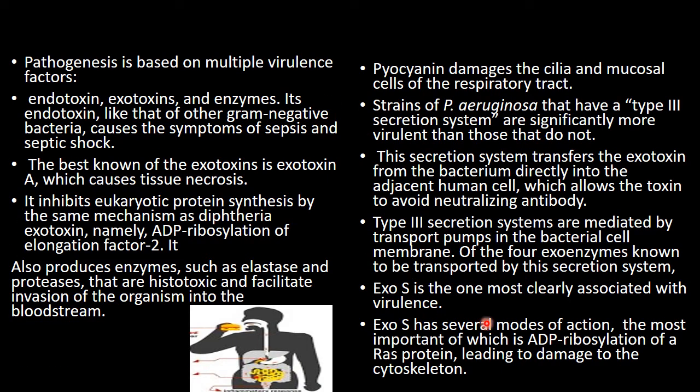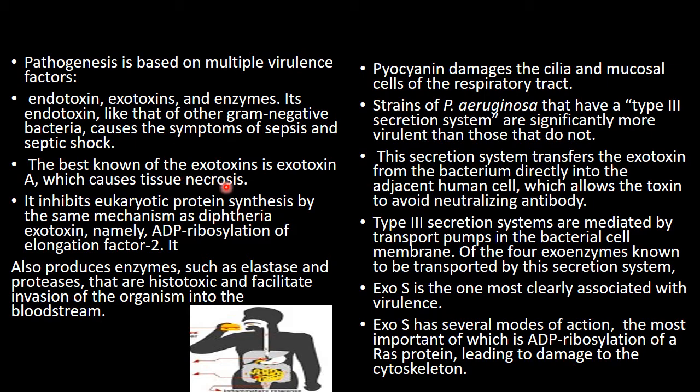Now the pathogenesis is based on endotoxin. It is a gram negative bacterium. The pathogenesis depends on endotoxin, exotoxin, and enzymes. Endotoxin, like that of other gram negative bacteria, causes the symptoms of sepsis and septic shock.